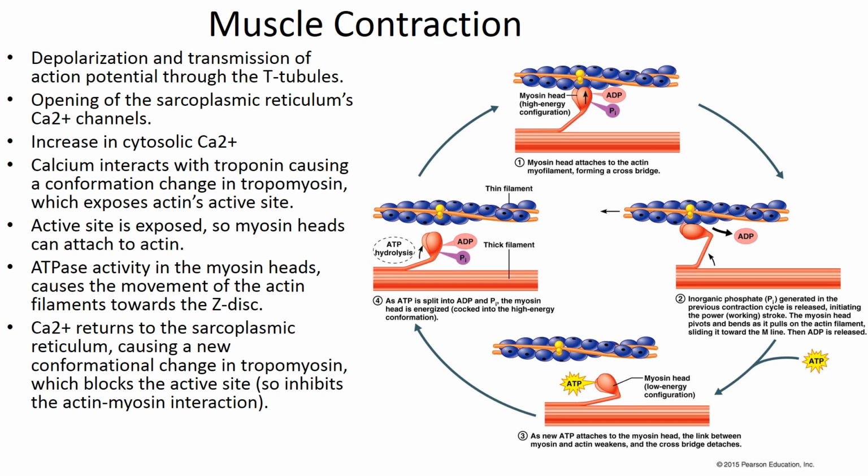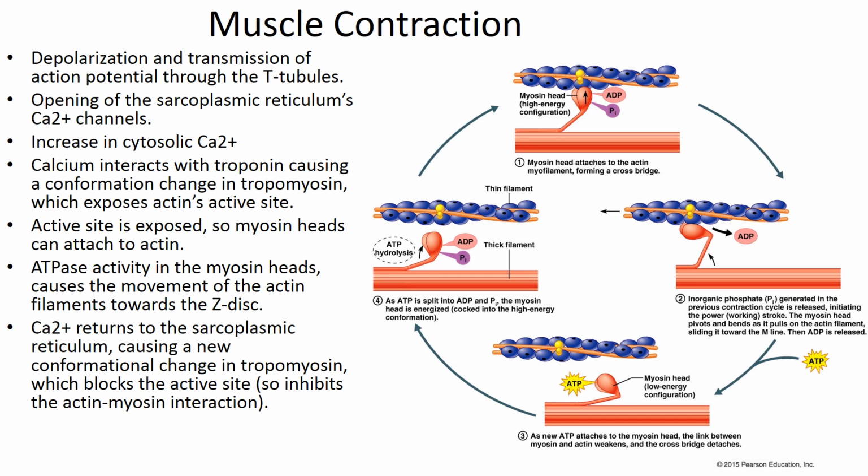The attachment of myosin cross bridges within a resting muscle is inhibited by the presence of tropomyosin, which, remember, covers the active sites on the G-actin. If calcium ions are released from the terminal cisternae by the action potential, they bind to troponin, changing its shape.